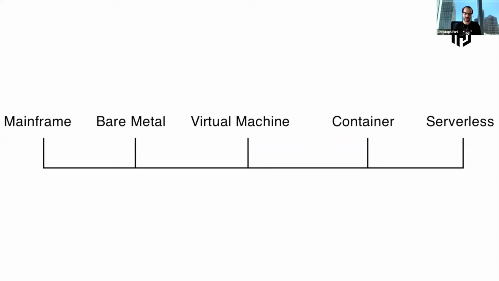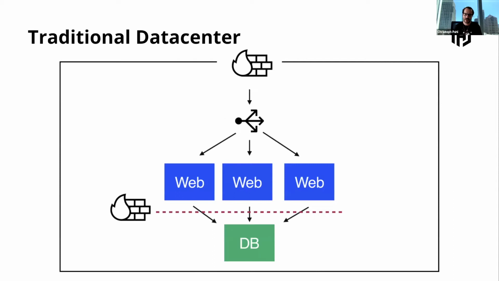Now, there's one thing that all of those compute technologies have in common, which is the network, which makes those technologies talk to each other, and which for the last decade also provided the security between all those various runtimes. If a bare metal machine wanted to talk to a virtual machine, it needed to pass through a classical firewall.